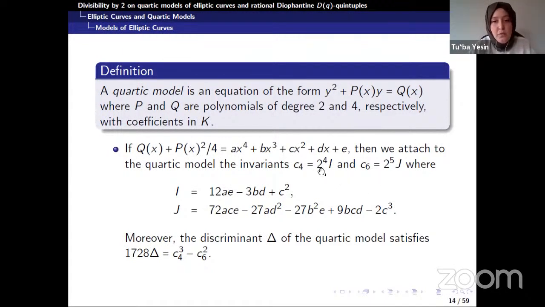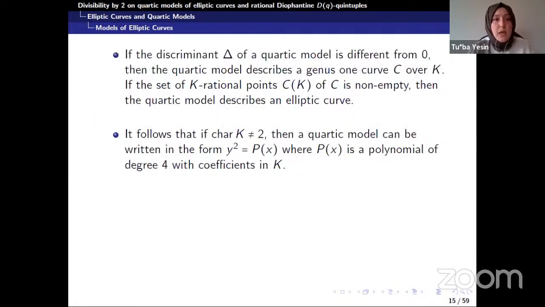c4 and c6 can be found by using I and J, which are written in terms of the coefficients of this polynomial. And the discriminant satisfies exactly the same equality as for the Weierstrass equation. Okay. So for these models, we know the discriminant and the invariants c4, c6. What can we say about this quartic model by using the discriminant?